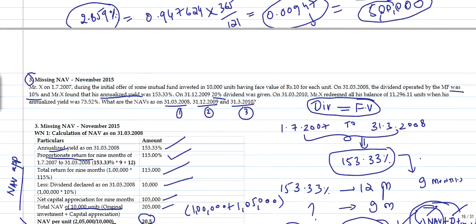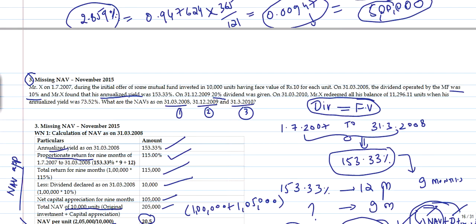Let's move on to question. Mr. X redeemed all balance of 11,296.11 units on 31st March 2010. Annualized yield was 73.52 percentage. So annualized yield is 73.52 percentage, but the annualized year is not given.